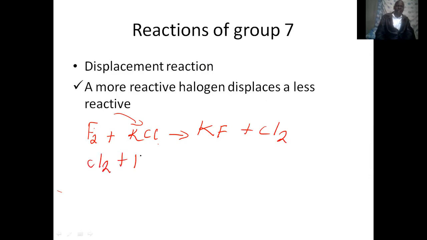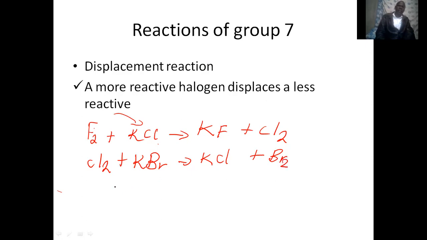Similarly, if I have chlorine reacting with potassium bromide, the chlorine can easily displace bromine, so we get potassium chloride plus bromine.